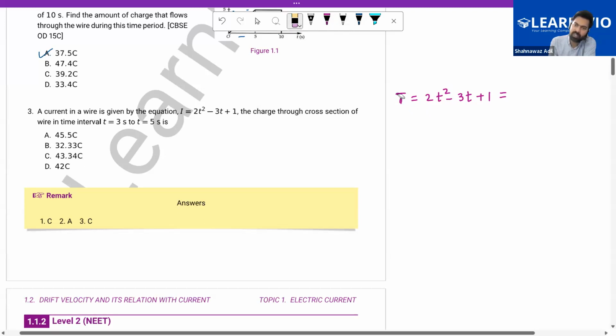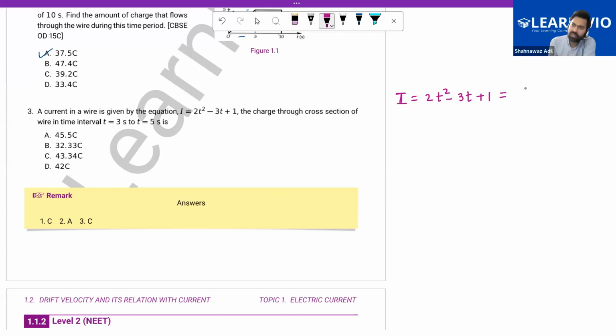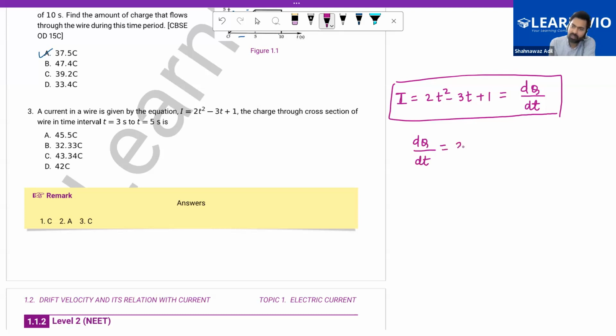The definition of instantaneous current is dq by dt. So dq by dt is given, and this is 2t square minus 3t plus 1.